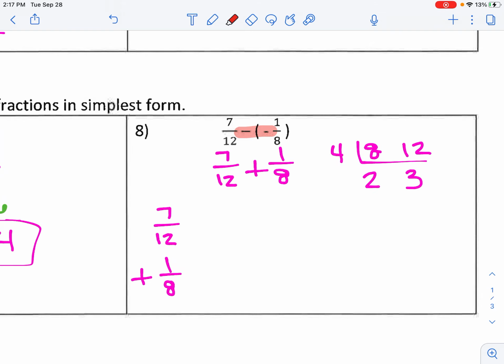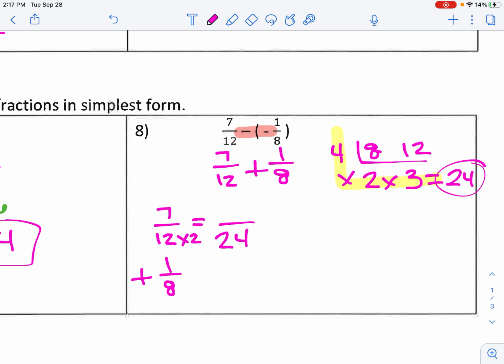Now we're going to make a division ladder to find the least common denominator. To find the least common denominator, we're going to multiply 4 times 2 times 3. 4 times 2 is 8, times 3 is 24. So I'm going to rewrite equivalent fractions.